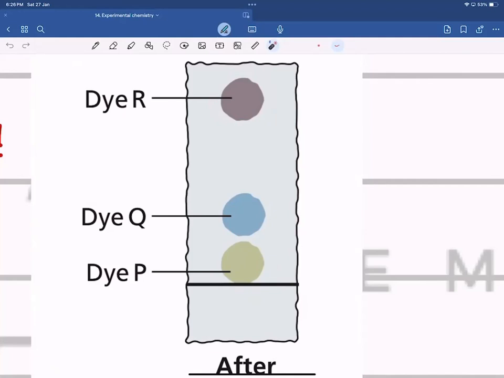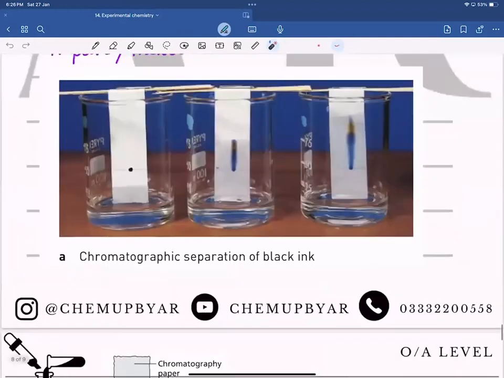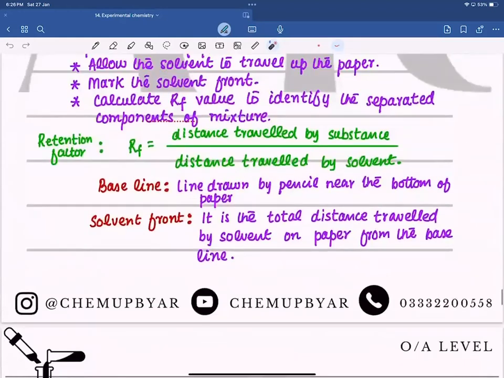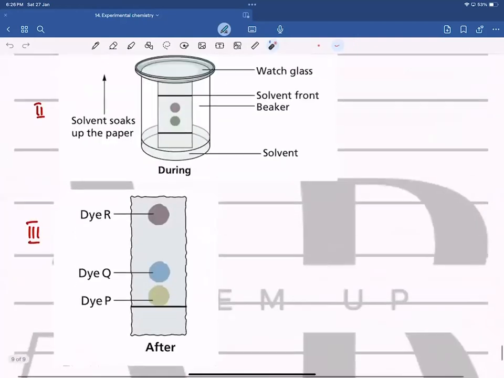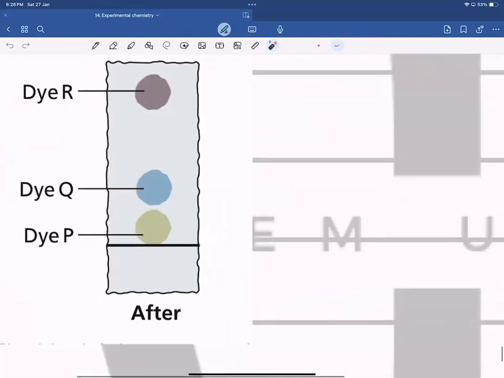How will you calculate the RF value? Sometimes the examiner asks you to calculate it. See the formula: distance traveled by the substance over distance traveled by the solvent. So you will use the ruler, and if the spots are bigger like this, you will mark from the middle, from the start.